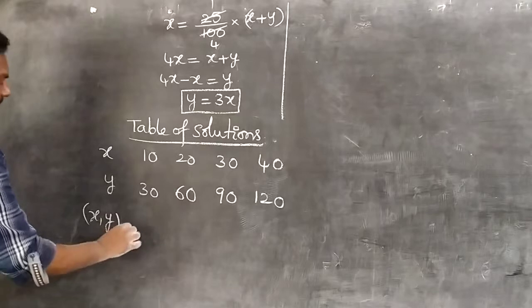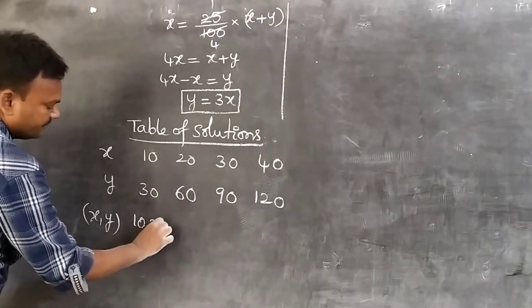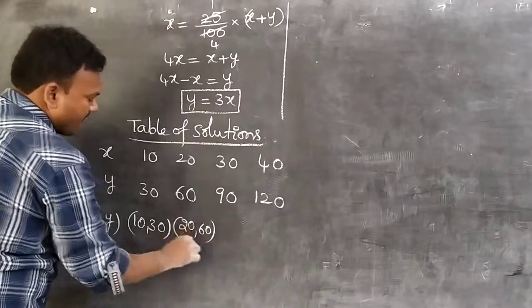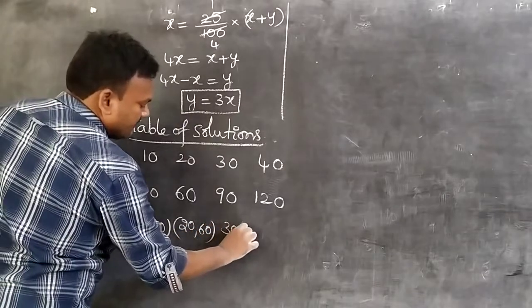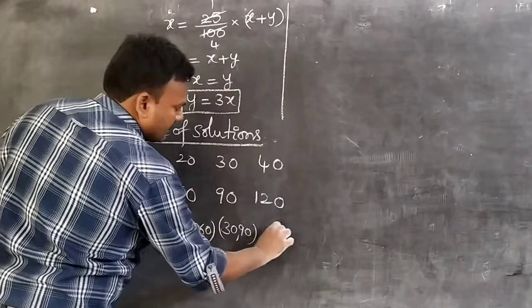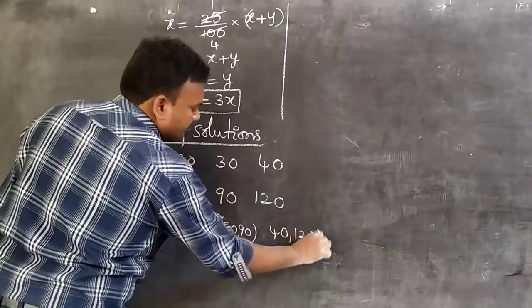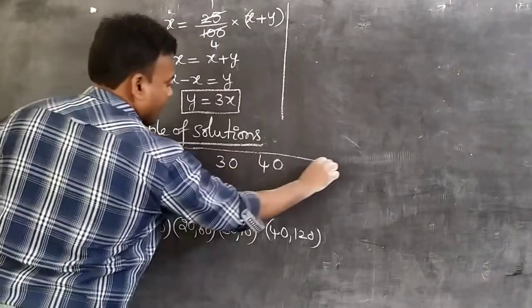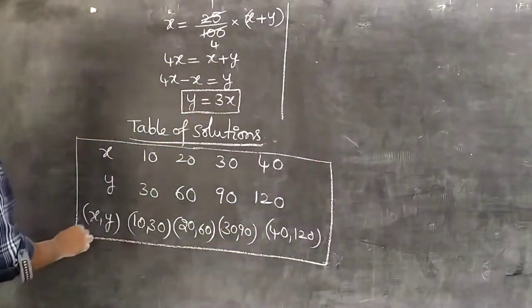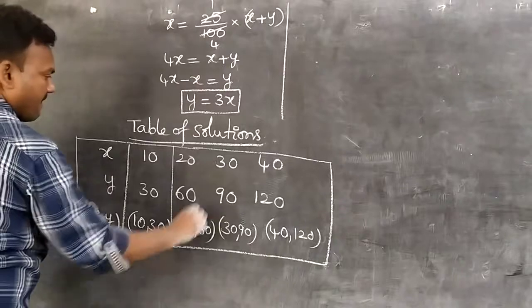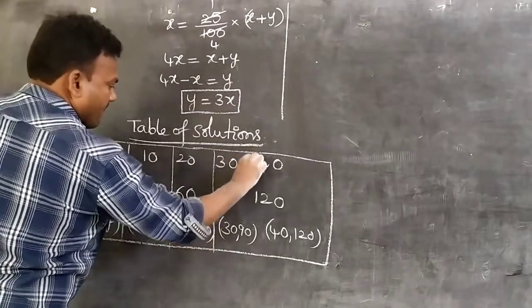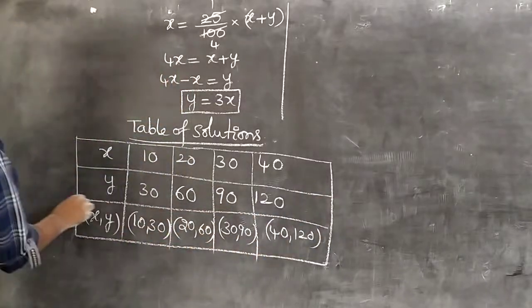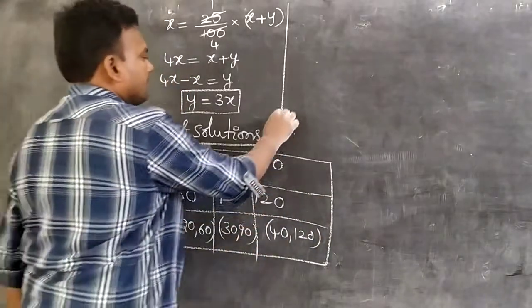Okay, then 10, 30; 20, 60; and again 30, 90; and also 40, 120. Okay, and draw a diagram.